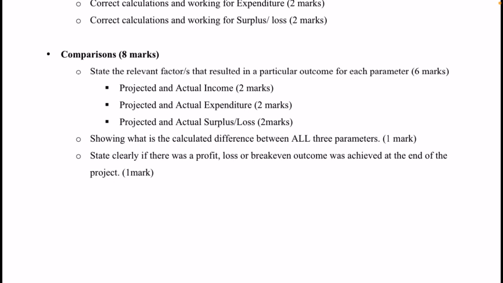State the relevant factors that result in a particular outcome for each parameter. If only one factor, for example, only the unit cost is the only factor, you will still be given your 2 marks. However, if there are 2 factors or 3 factors, you must be able to make note of all 3.